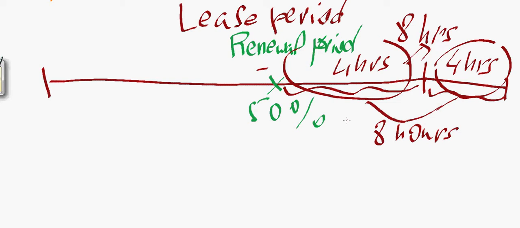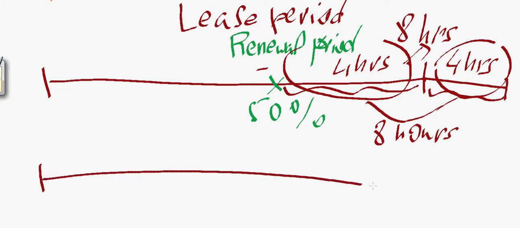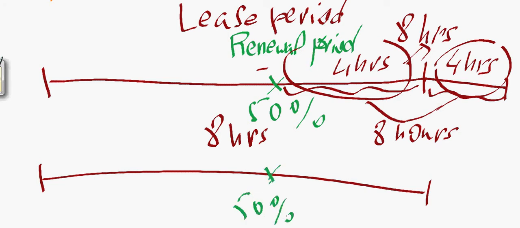Now, there is another situation where the lease period here is 8 hours, and the client reached the use of 50%, let's say. It will go into the renewal period. However, the server does not want to renew or extend the lease period to the DHCP client.